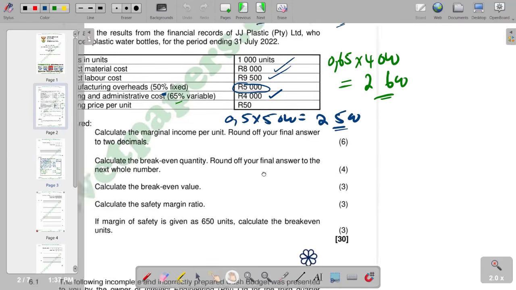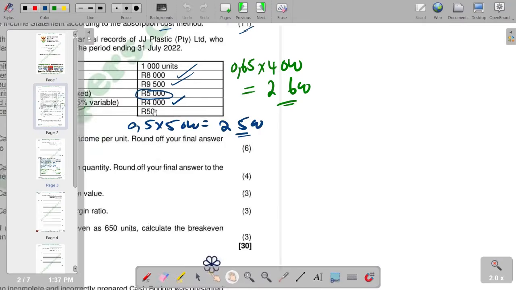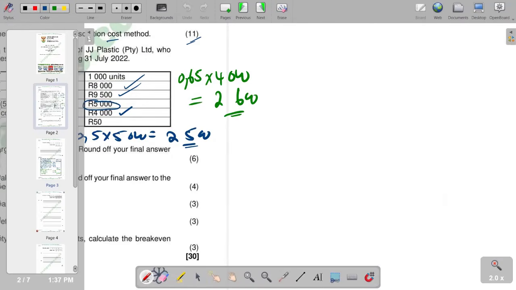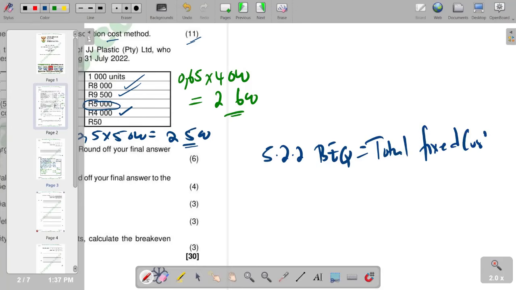So break-even quantity is equal to our total fixed cost, and then we divide by marginal income per unit.